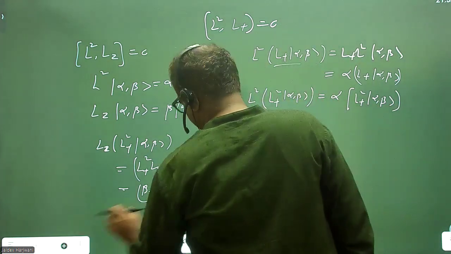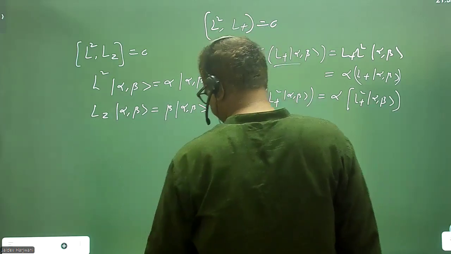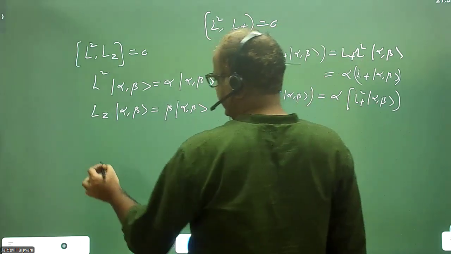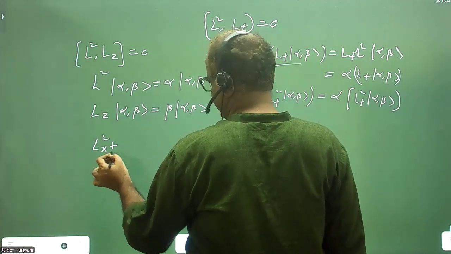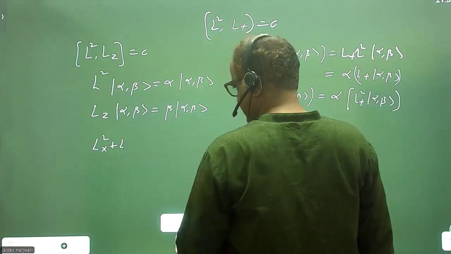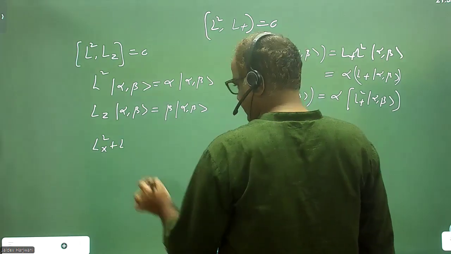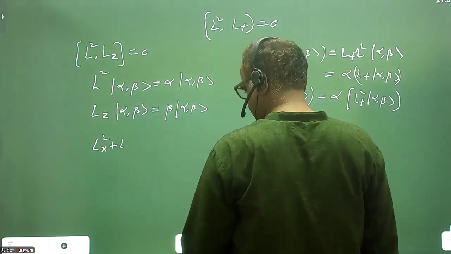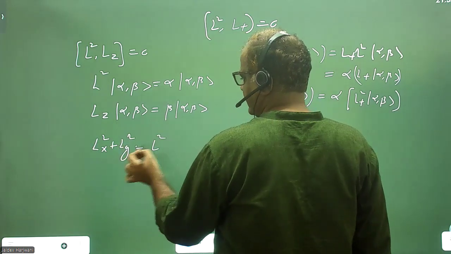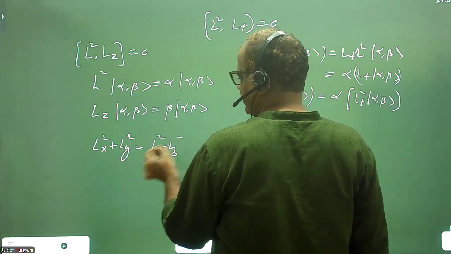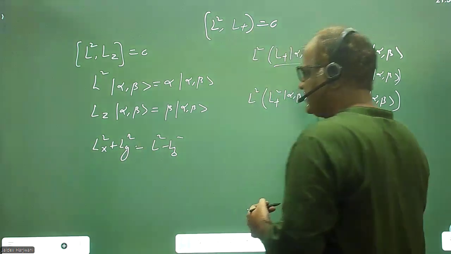Now I operate Lx square plus Ly square. I can write this as L square minus Lz square, because L square is equal to Lx square plus Ly square plus Lz square.